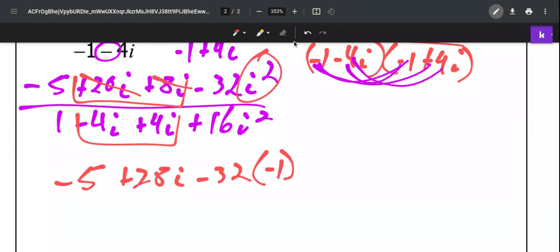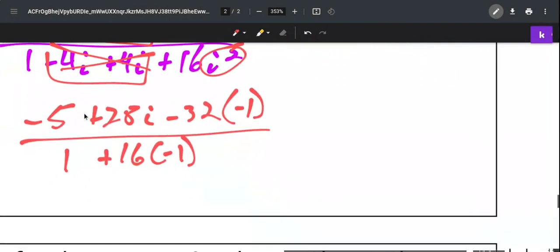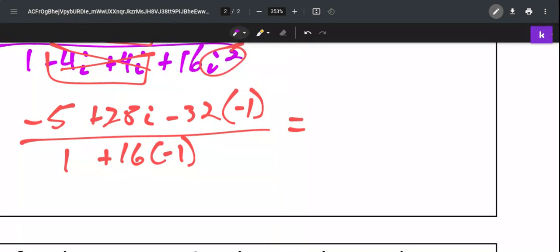We could put that where i squared is. Then we have over 1. This would just cancel out and give us 0. So we can say plus 16. Now this i squared also becomes negative 1. All right. Now we've got this becomes plus and this becomes just minus 16.